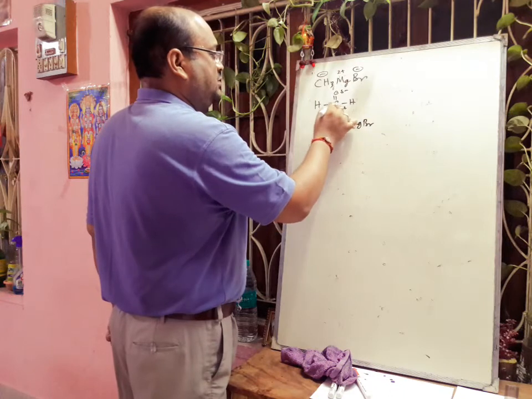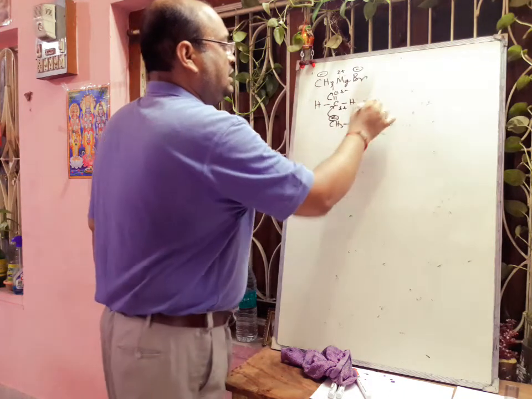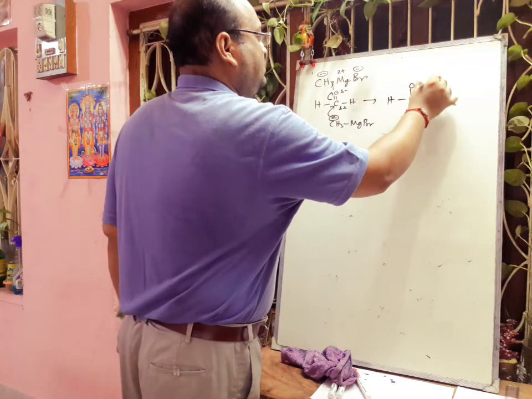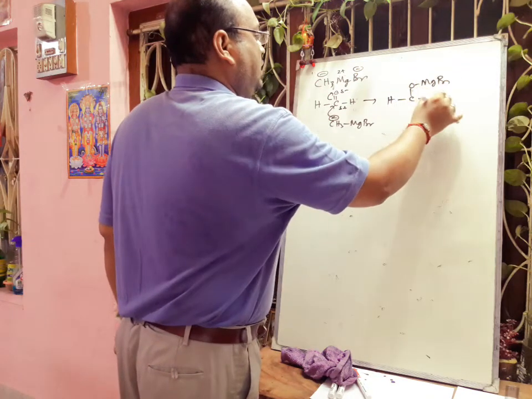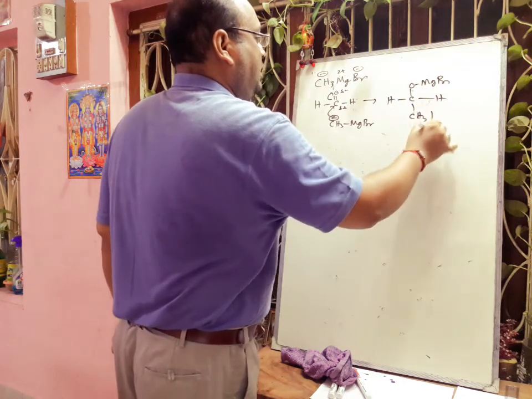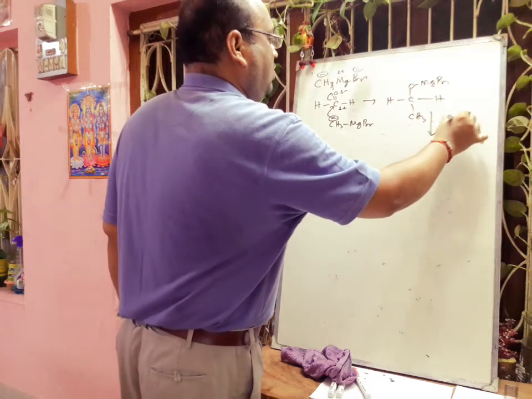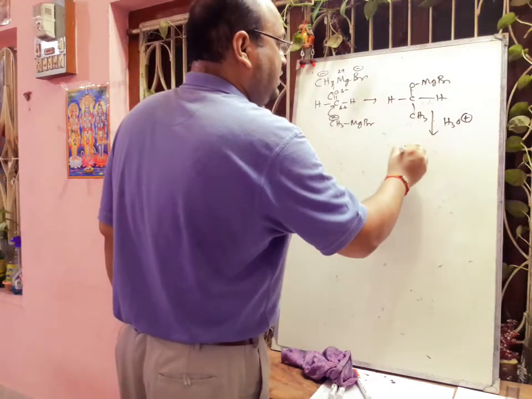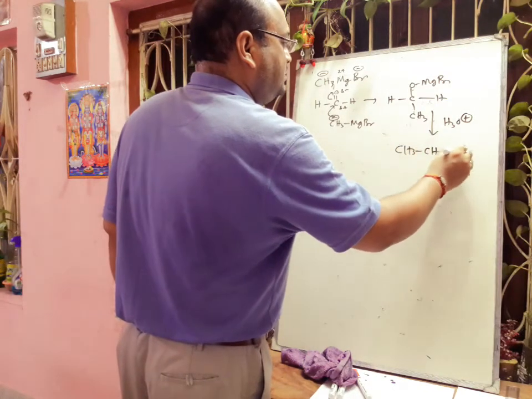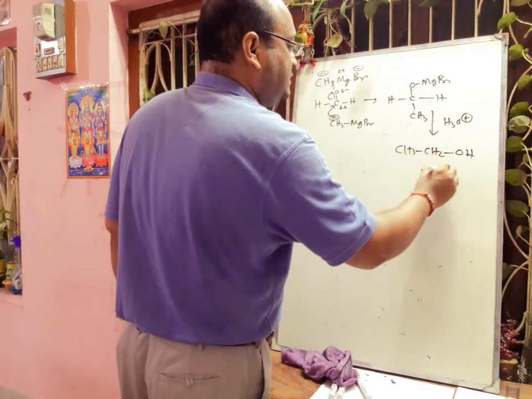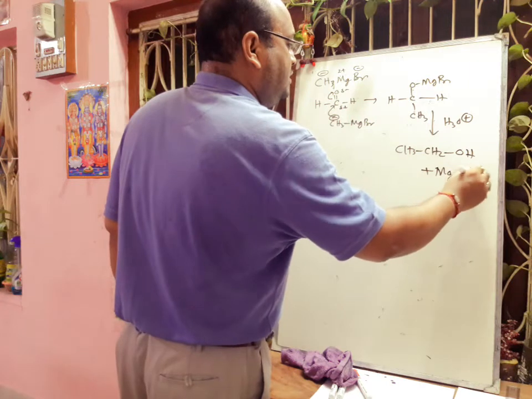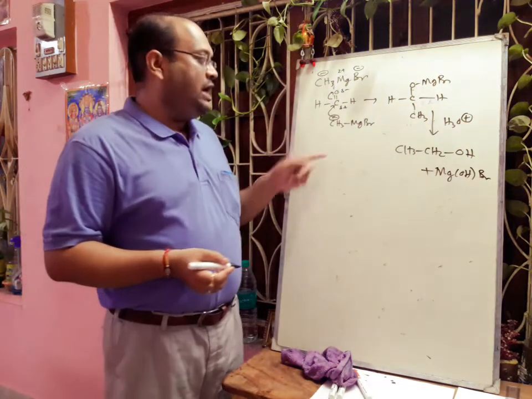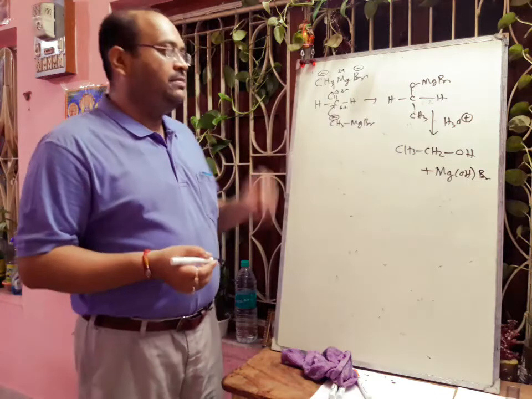So the negative charge will attack here, and finally we will get H2C(OMgBr)CH3. If we add H plus or work up with dilute acid, we get ethyl alcohol plus Mg(OH)Br. So in this way, by using formaldehyde, we can prepare primary alcohol.